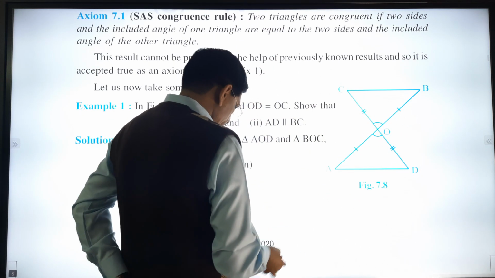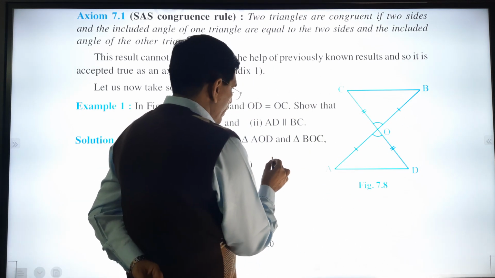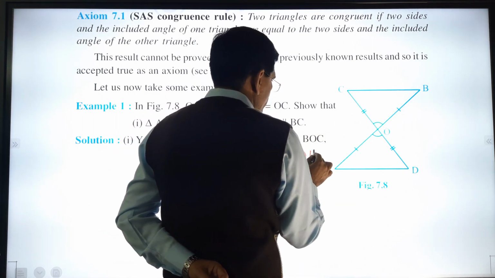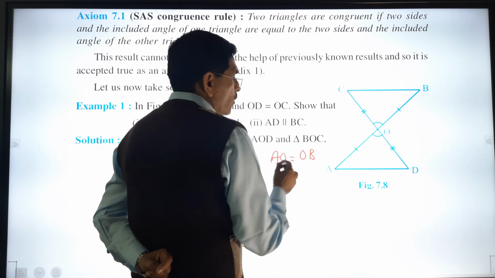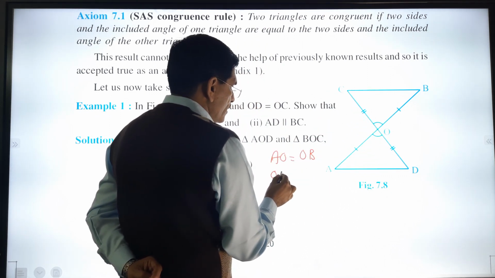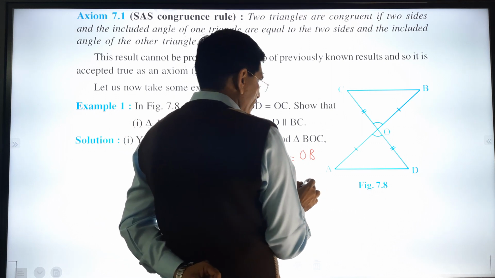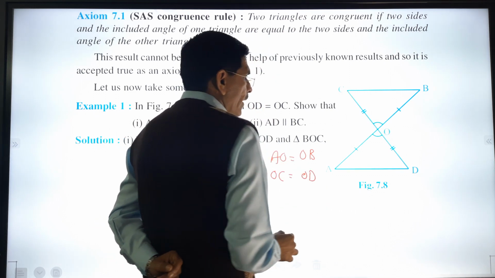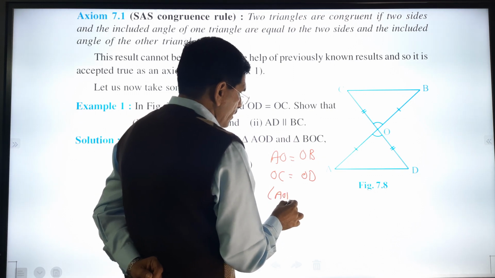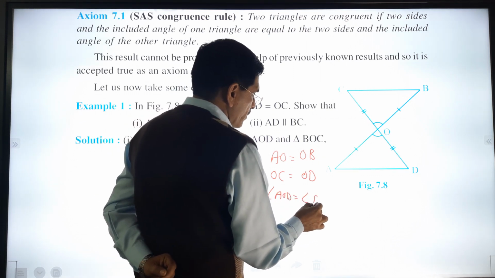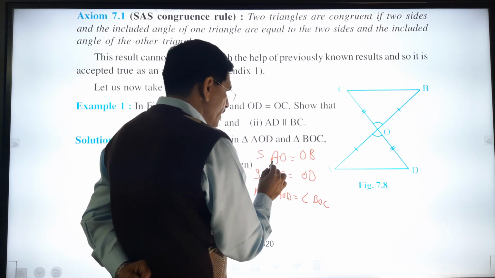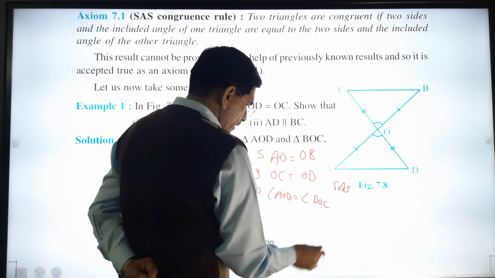We can say that OA is equal to OB, and OC is equal to OD, and angle AOD is equal to angle BOC. So side and angle between them, so we can say side angle side.